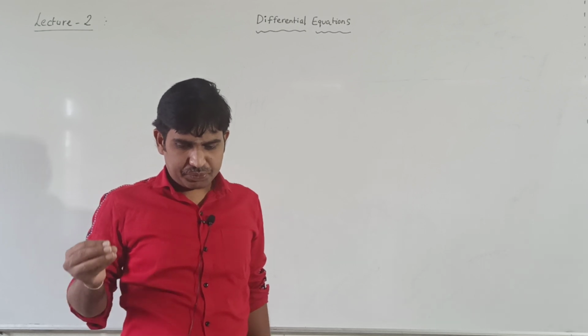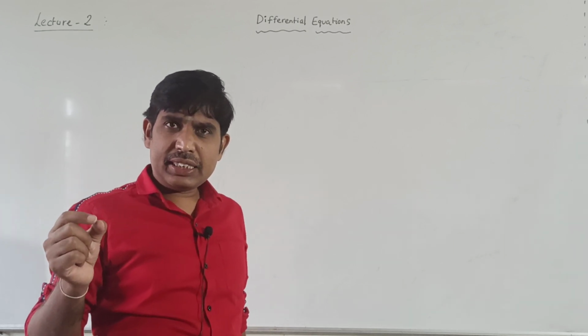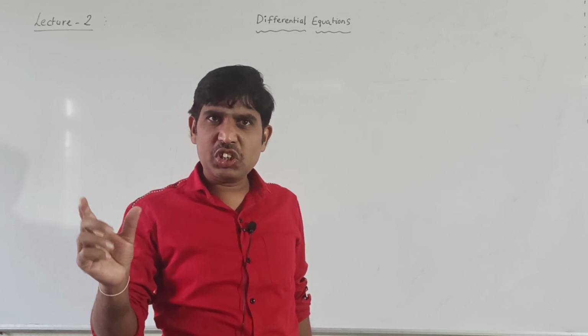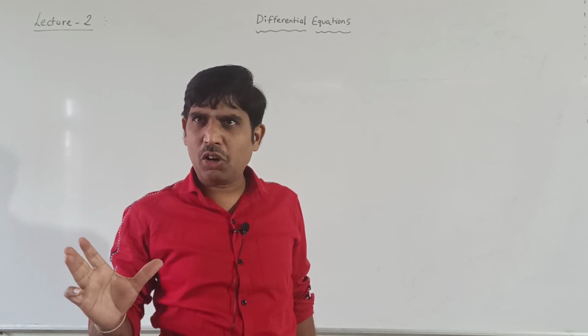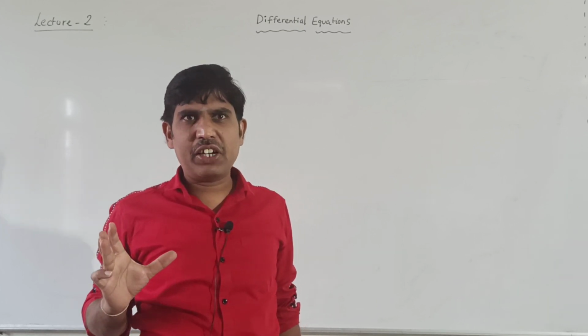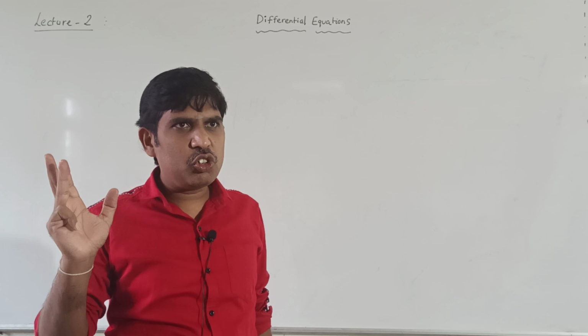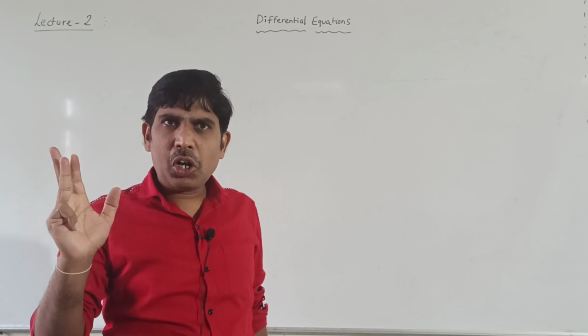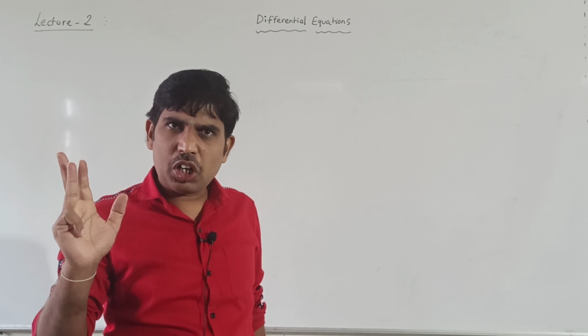It is the highest order derivative present in the given differential equation, that is nothing but the order. And while finding the degree of the differential equation, we have to observe whether the given differential equation is polynomial in derivatives or not.